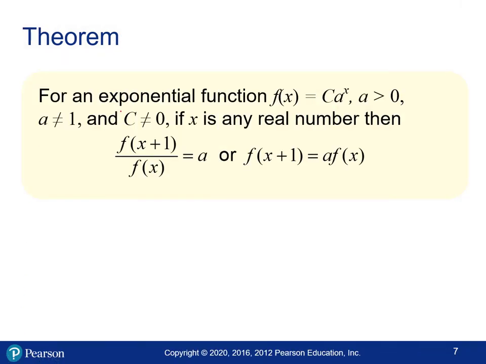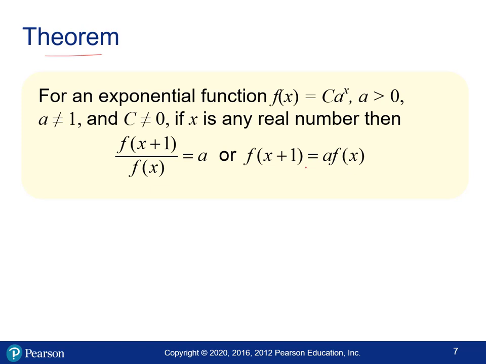Okay, so for an exponential function, and this is a theorem here, like a mathematical fact, if we have the following that's true, so our base is positive and not 1, and then the leading coefficient, the constant, is not 0, then for any real number, f of x plus 1 divided by f of x equals a.